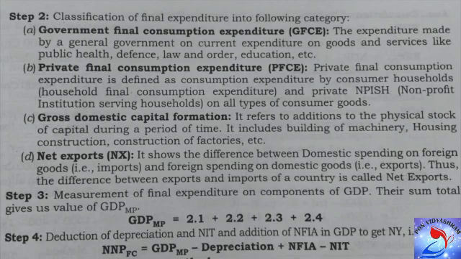The next one is private final consumption expenditure. This is defined as the consumption expenditure by consumer households and private non-profit institutions serving households on all types of consumer goods.